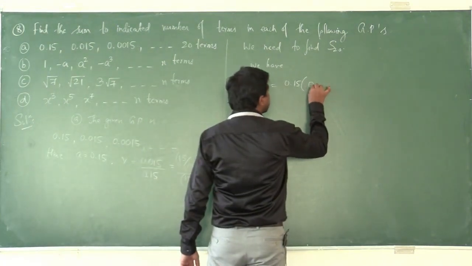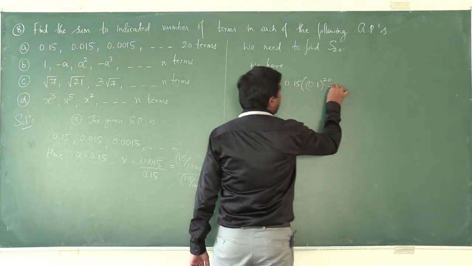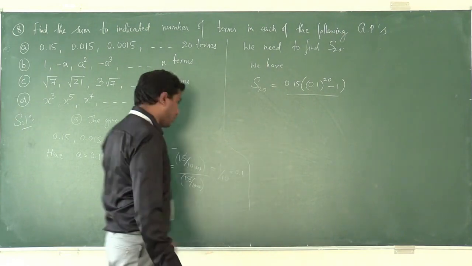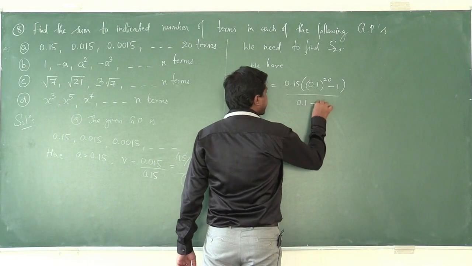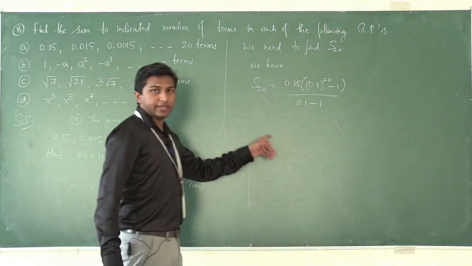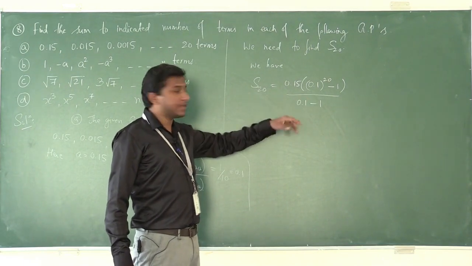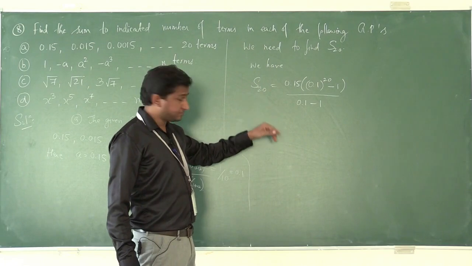So that is 0.1 power 20 minus 1, whole divided by r minus 1, that is 0.1 minus 1. So we have used the formula of Sn to calculate S20.